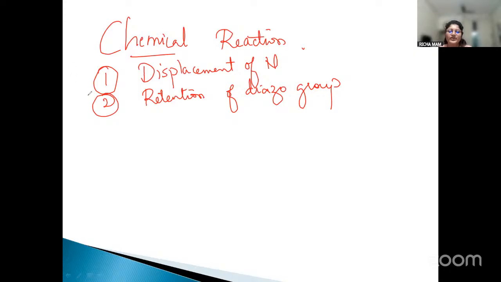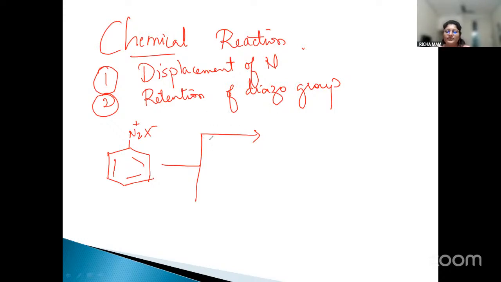First, when you see the displacement of nitrogen, let me take directly the benzene diazonium salt, that is Ar N2 plus X minus. From this, I can replace the diazo group.